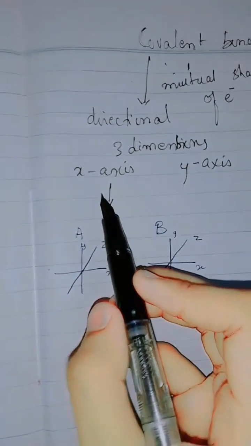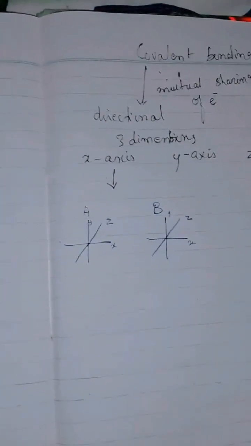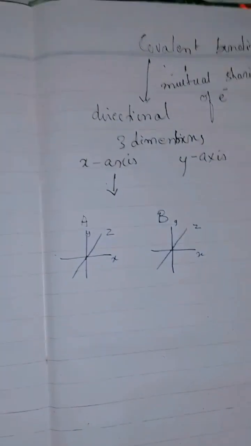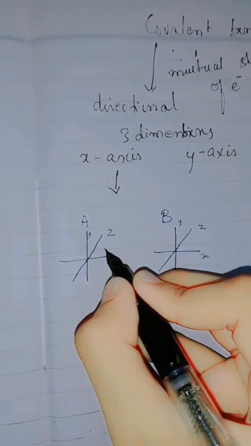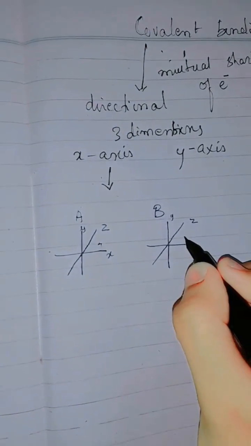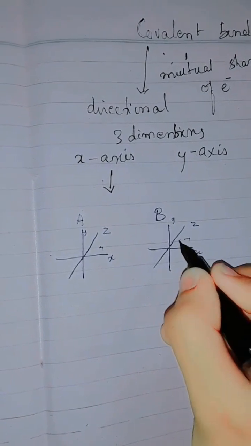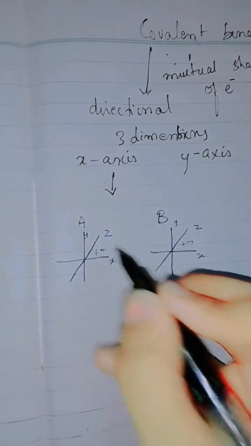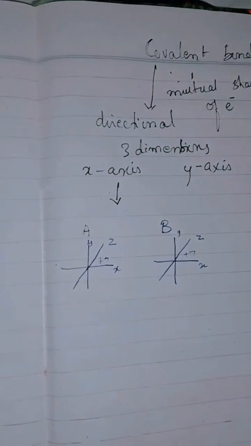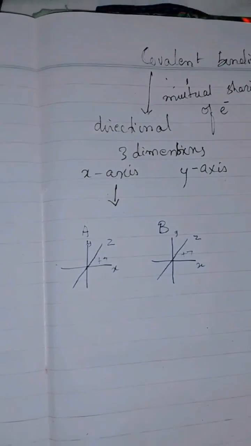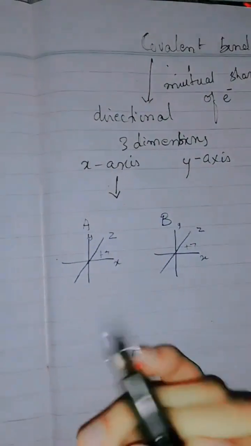So on the x-axis, when they share their electron, before sharing, in both atoms the electron will be positive, meaning clockwise, when there is no sharing.